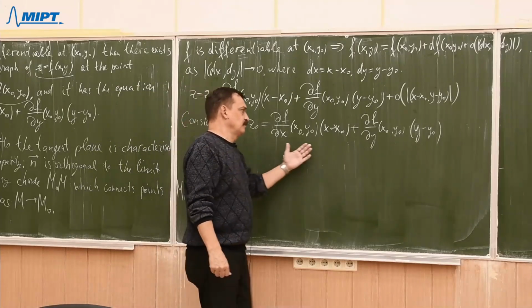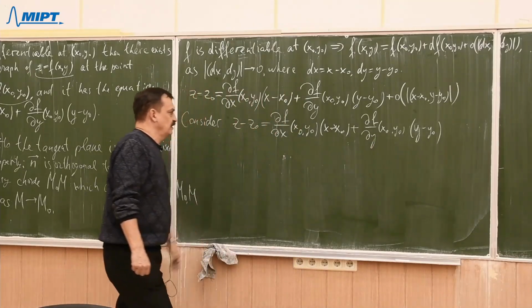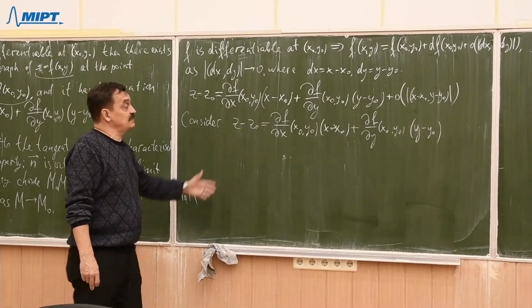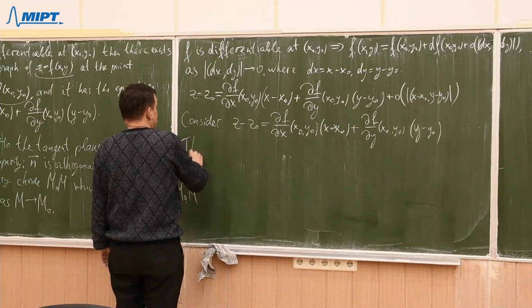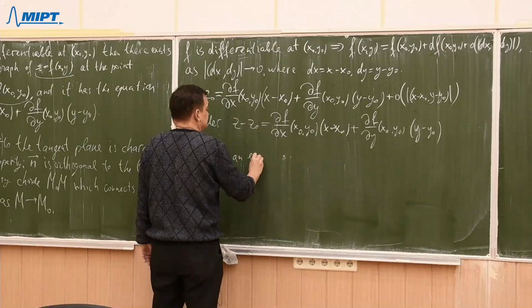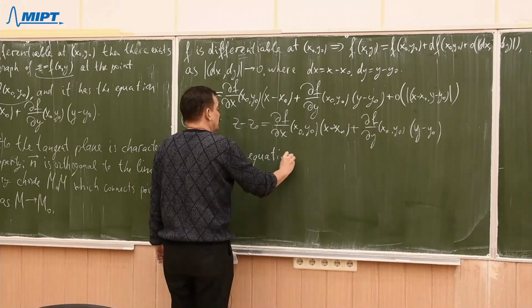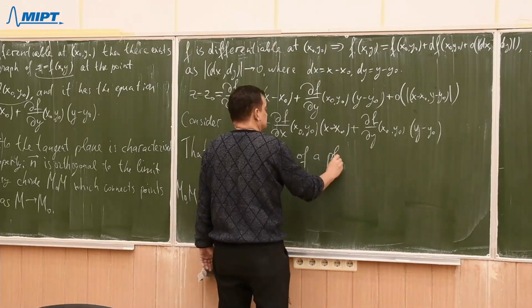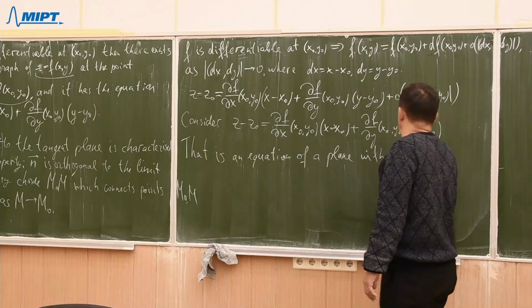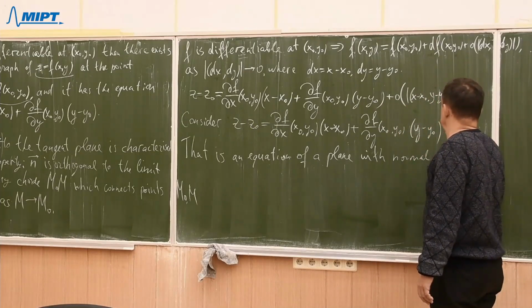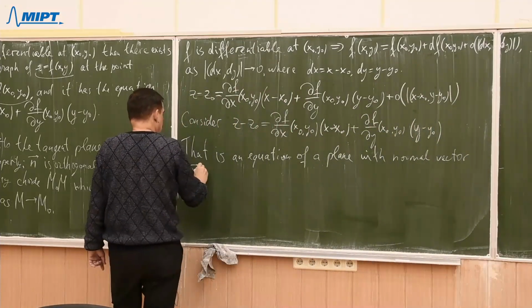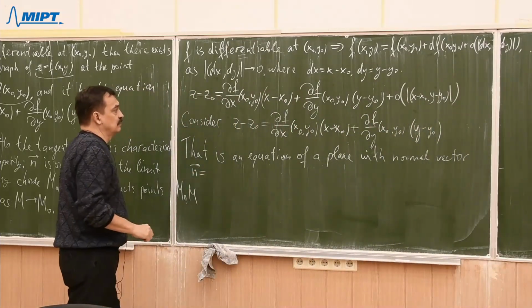And if we look at this equality, then we can recognize here an equation of a plane with normal vector, and what are the coordinates.